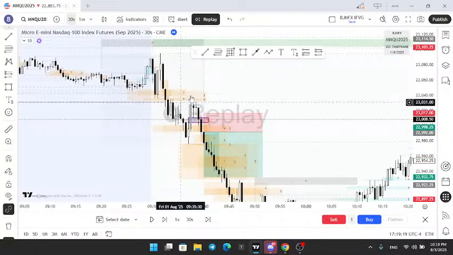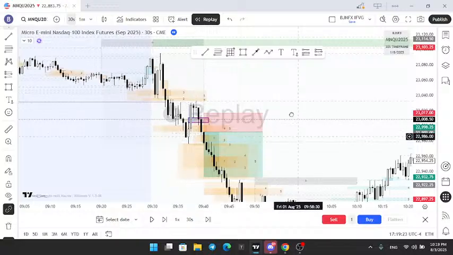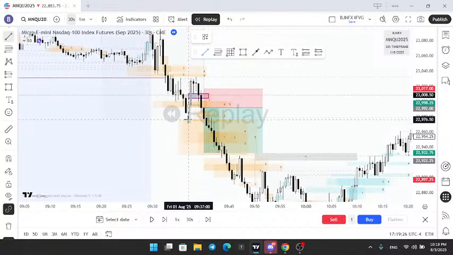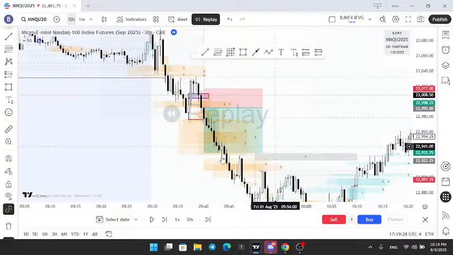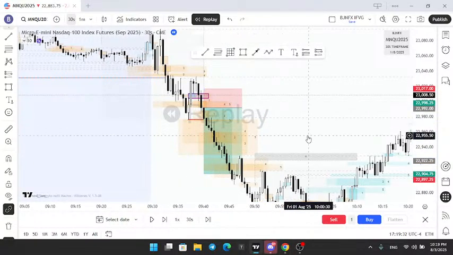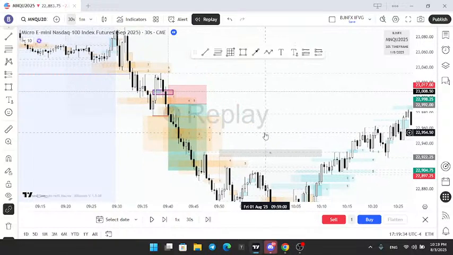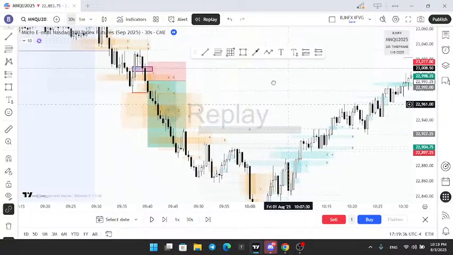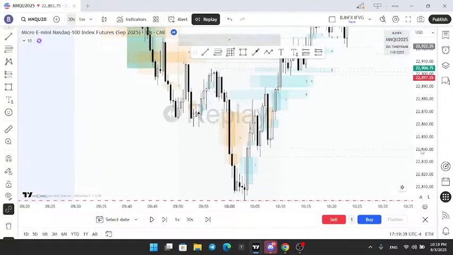Price was respecting these bearish FVGs, swept this liquidity by wick, and had a nice break-even level. The third setup was here.